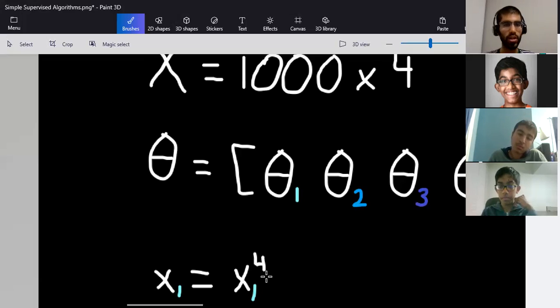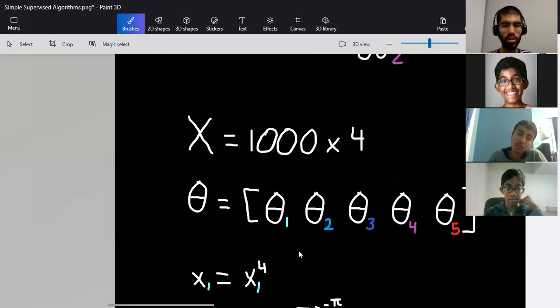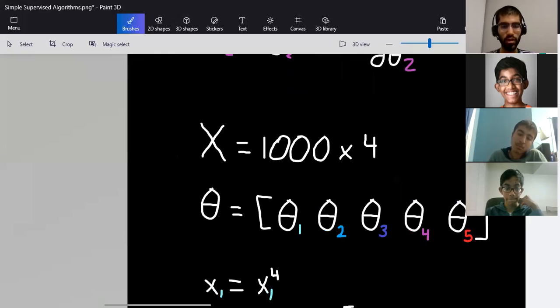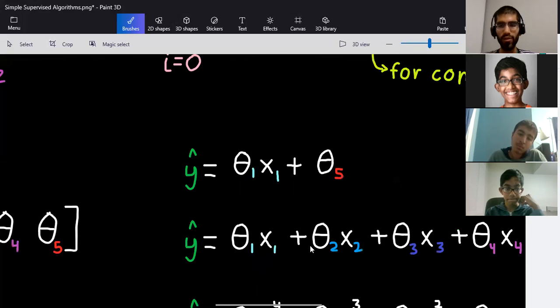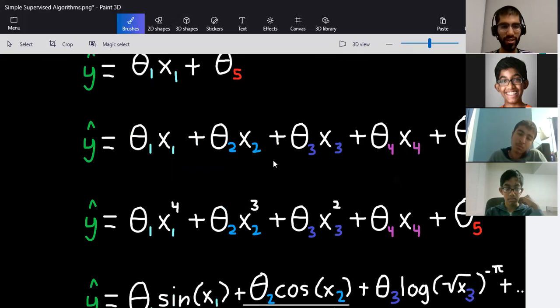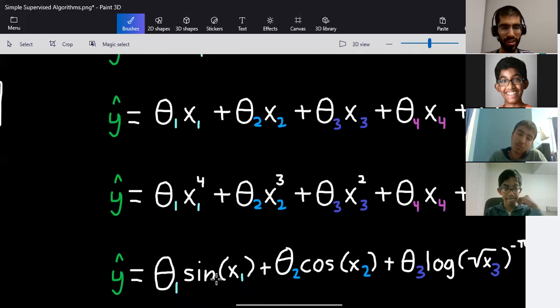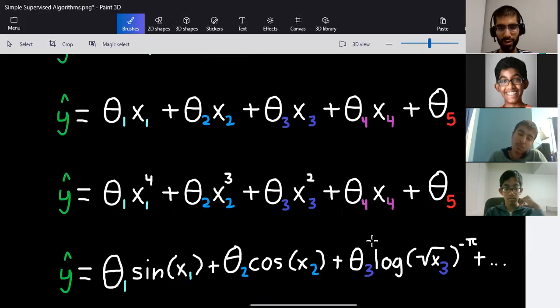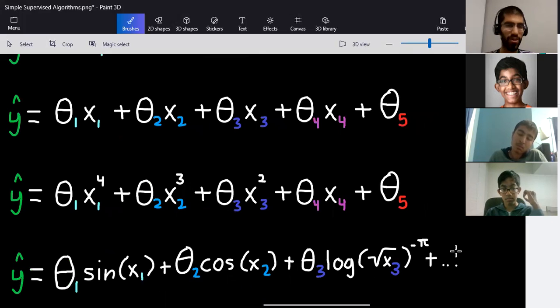This is called feature engineering. It's kind of like you're engineering your own new features from x1 to x raised to the power of 4. And you can go overboard with this. You could create an equation that looks like this: theta 1 times the sine of x1, and then cos of x2, and then over here, you take the log of the square root of x3 and raise it to the negative pi.